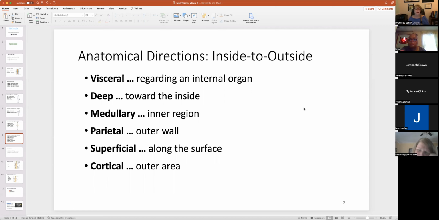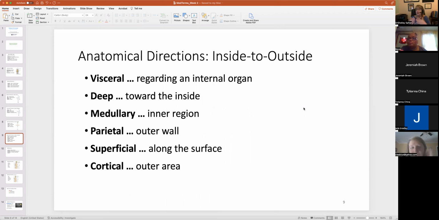But all right. So visceral refers to something inside the body. Deep, I know that's a regular word, right? But in healthcare, deep means they're going toward the inside, such as an incision.